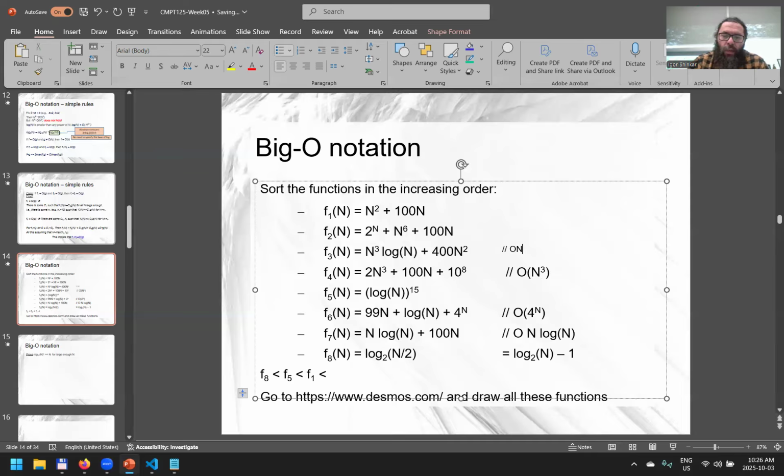So that's n cubed log n. This is order 2 to the n. This is order n squared.